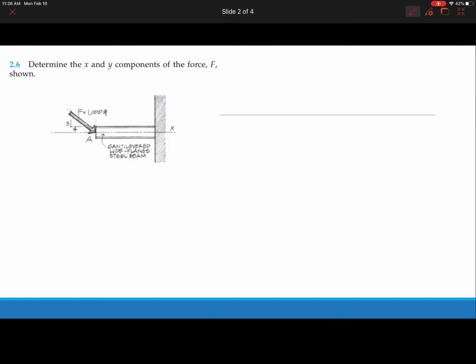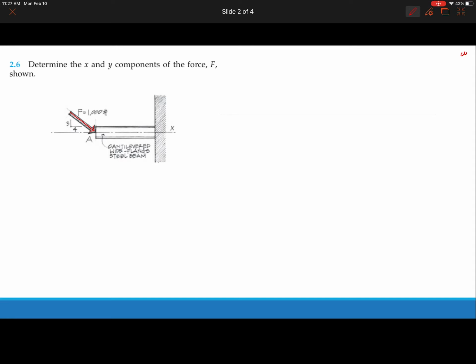So the first problem is 2.6. It asks you to determine the x and y components of the force F. In the picture, there is a cantilever beam attached to the wall, and on the end of the beam there is a force F, with a magnitude of 1,000 pounds.